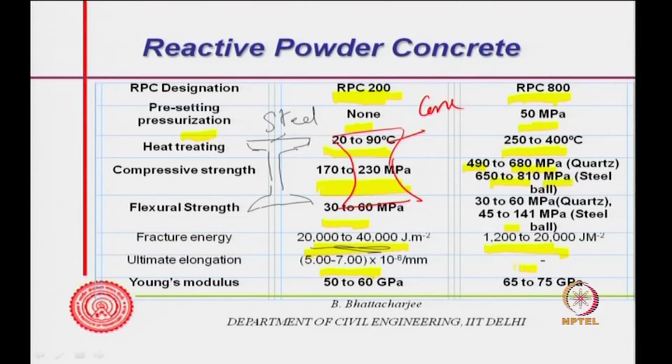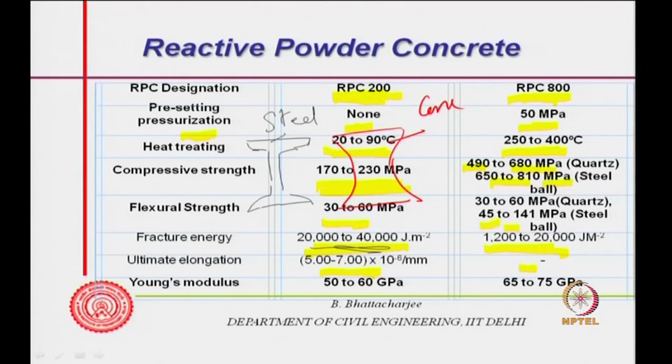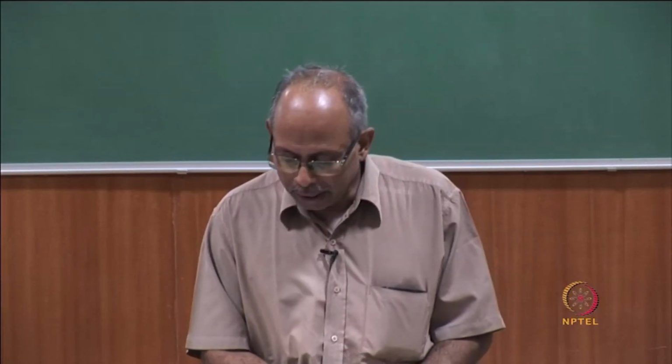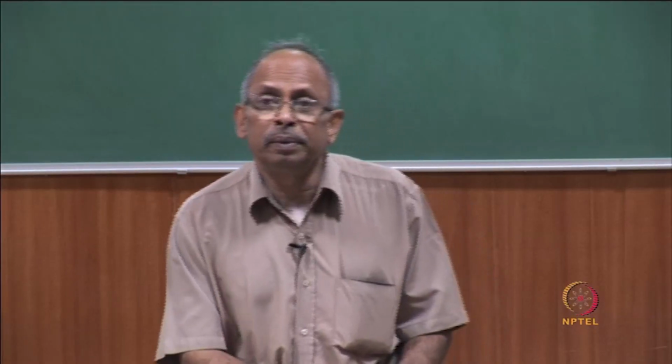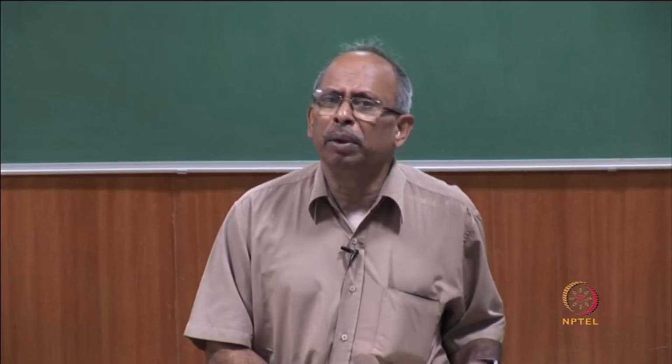So, there is hardly any elongation, it actually has a relatively higher modulus, modulus of elasticity 50 to 60 GPa and 65 to 75 GPa. So, this material has got significant potential actually, and it was been attempted first I think in Canada somewhere around 1990s.